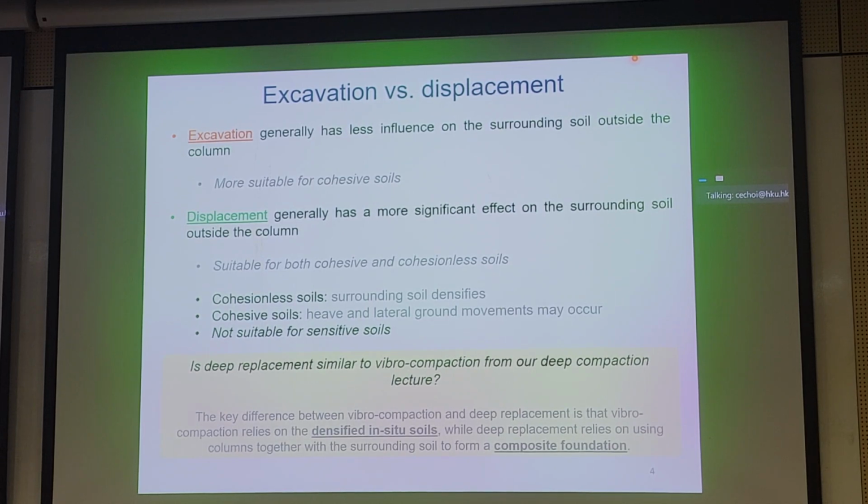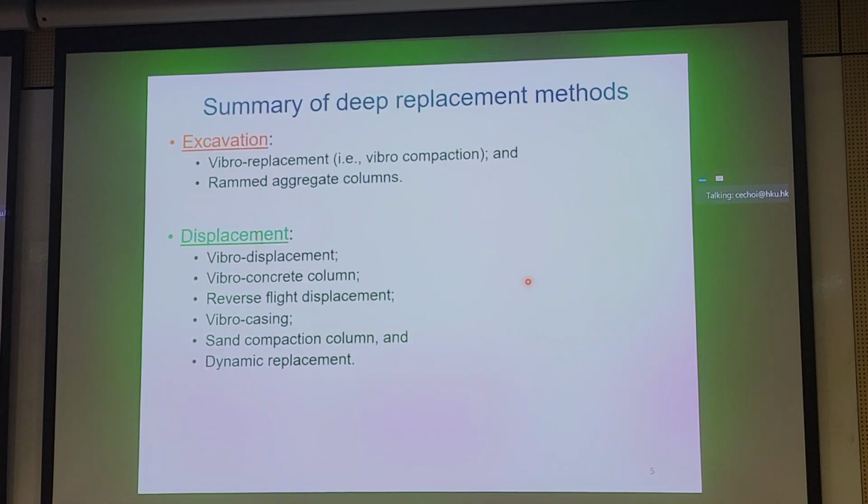So even for Penny Bay, which is a relatively small parcel of land, we probably adopt a wide range of land improvement methods. Perhaps stone columns is only a very small portion, where you need to accelerate construction, accelerate consolidation within 3.5 to 4 months, as we'll see later on, because the construction program is creating a lot of duress for the engineers. So that's the fundamental difference between excavation and displacement.